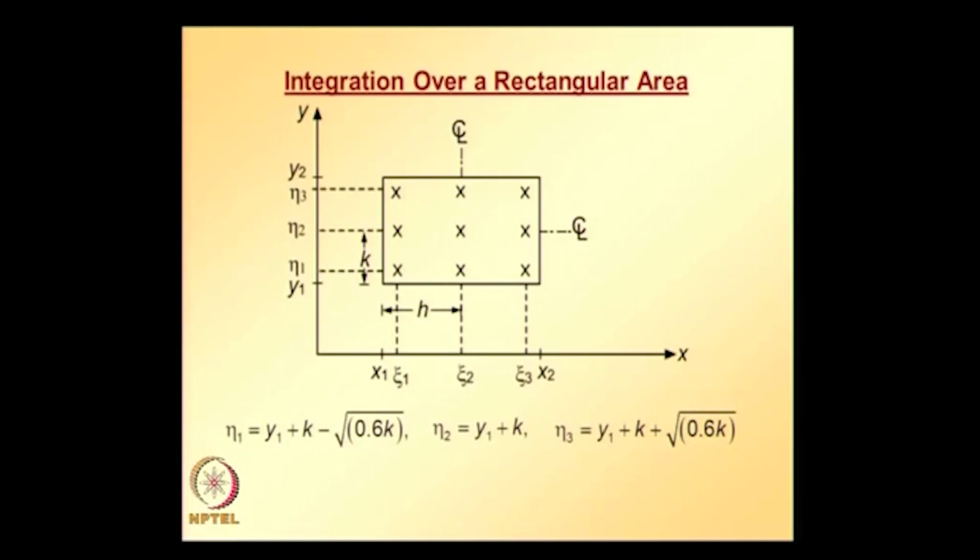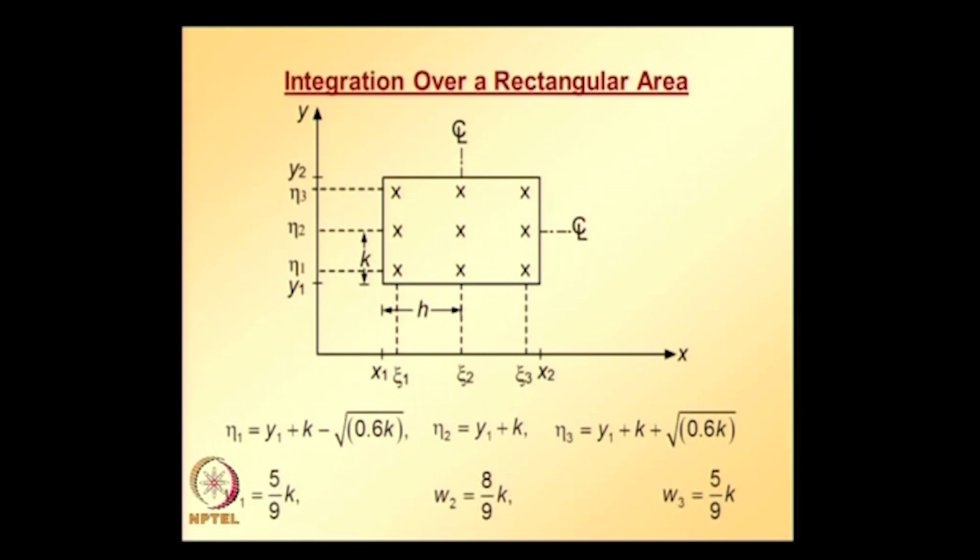Similarly, eta 1 is y1 plus k minus root of 0.6 times k, eta 2 is y1 plus k, eta 3 is y1 plus k plus root of 0.6 times k, where k is half the dimension of the rectangular area along y direction.